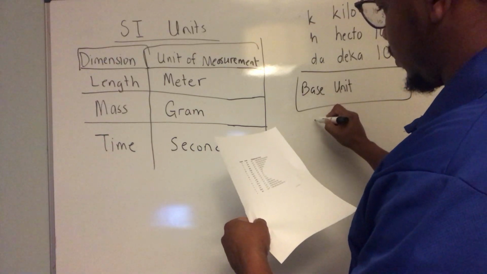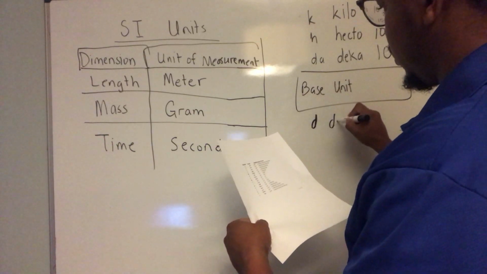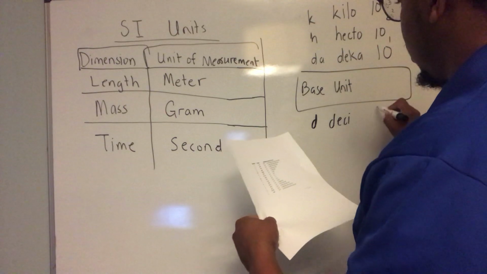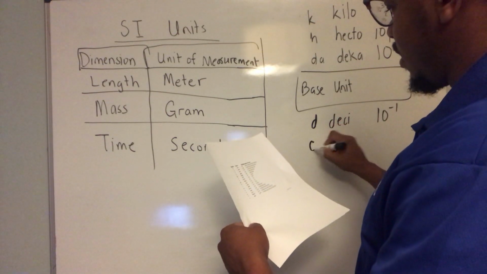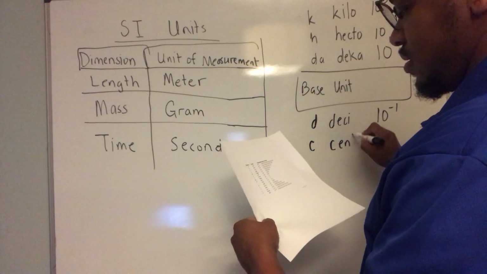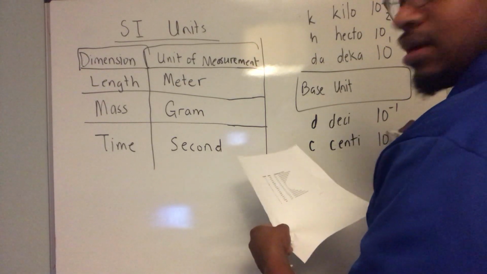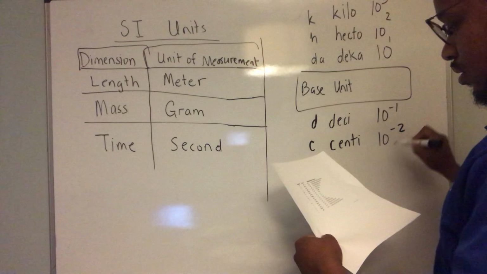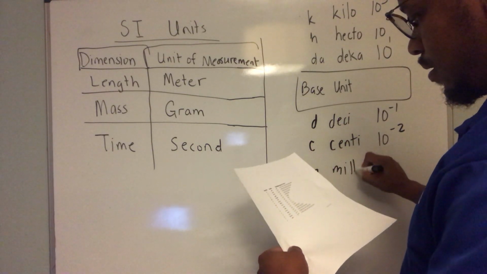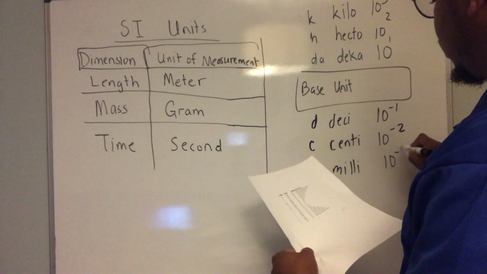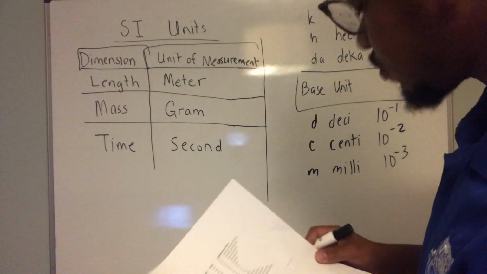We've got deci, which is 10 to the negative 1. We've got centi, that's 10 to the negative 2. We've got milli, that's 10 to the negative 3.